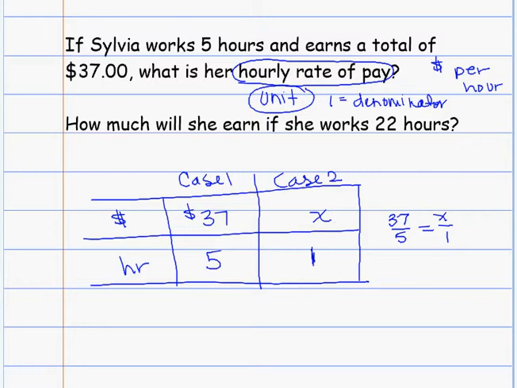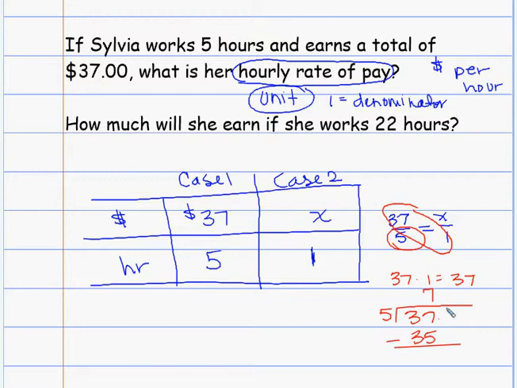And we can cross multiply, so we'd get 37 times 1, and that equals 37, and then divide by the 5. Okay, so 5 will go into 37 7 times, and leave us 35. And now, we're talking money here, so you're not going to write a remainder. You're going to add zeros until we get past at least the hundredths place if it doesn't terminate.